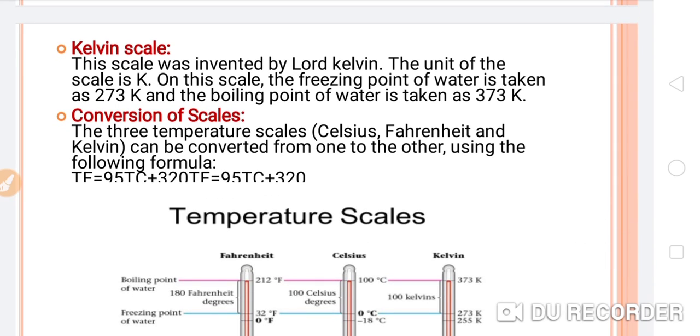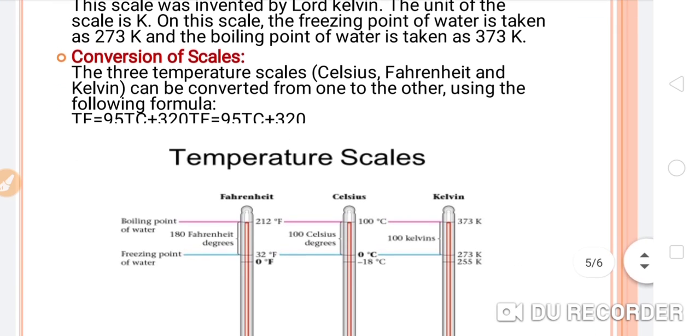And students, conversions of the scales. The three temperature scales, Celsius, Fahrenheit and Kelvin, can be converted from one to the other using different formulas.